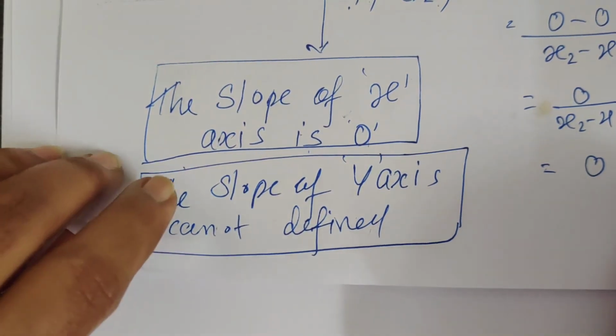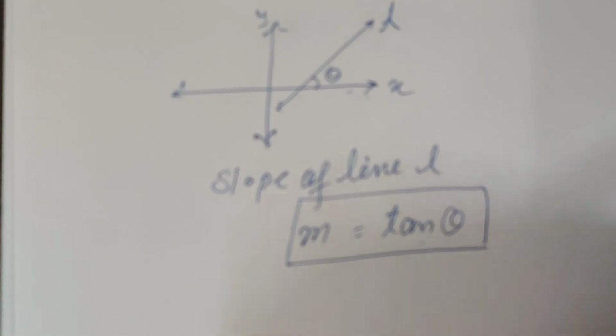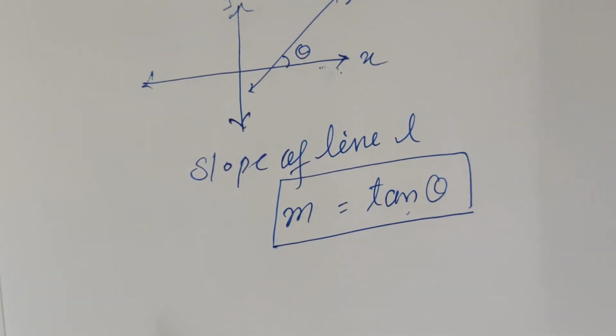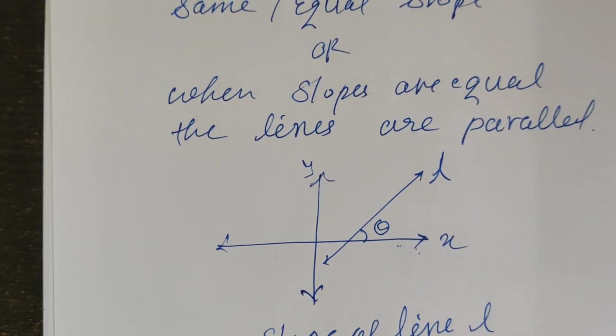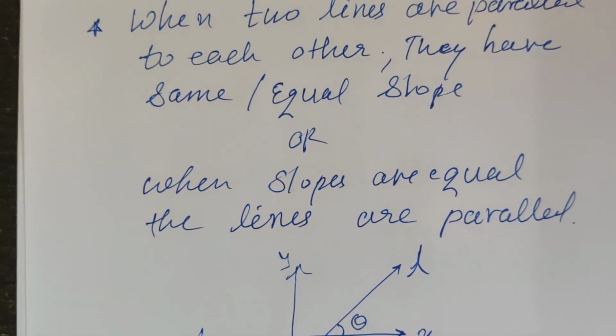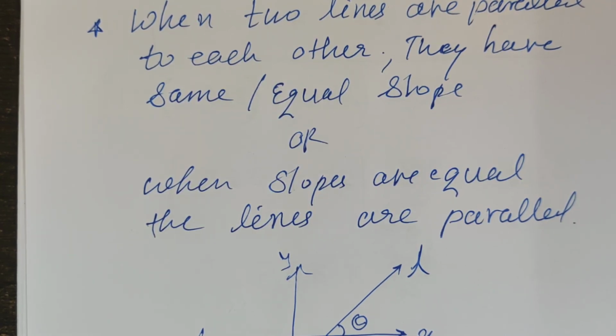This is the second point related to the slope. Third point related to the slope was, two parallel lines have equal slope, or you can say parallel lines have equal slopes, or when the slopes are equal, the lines are parallel.